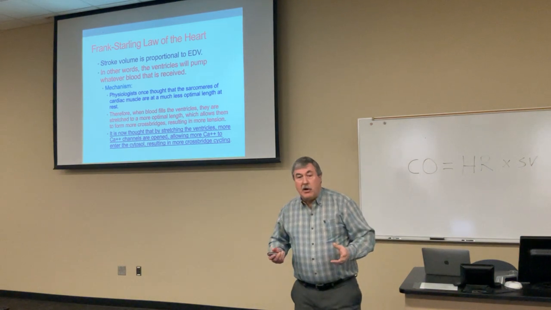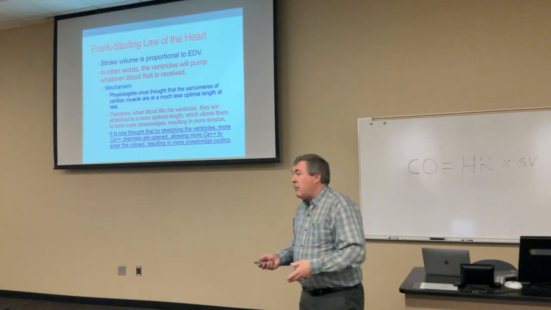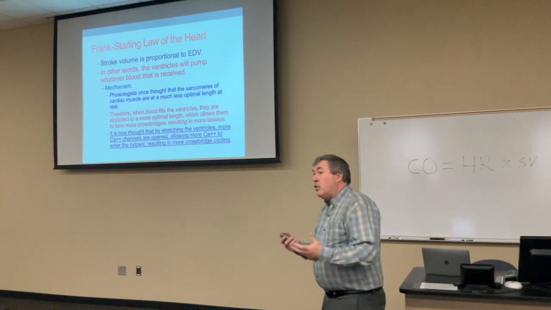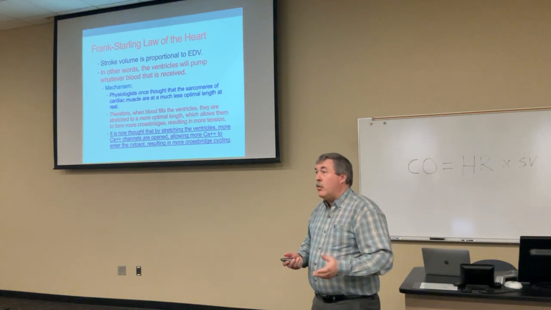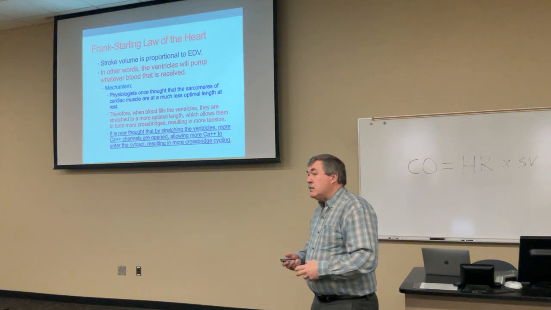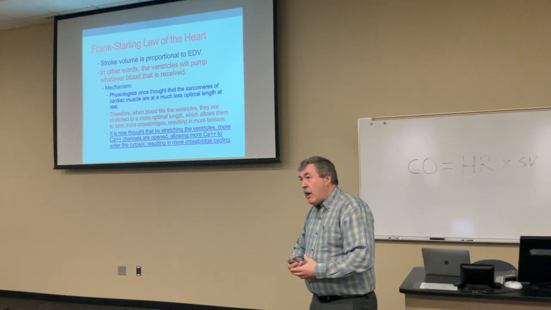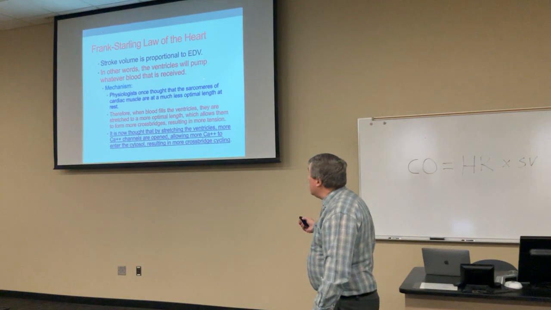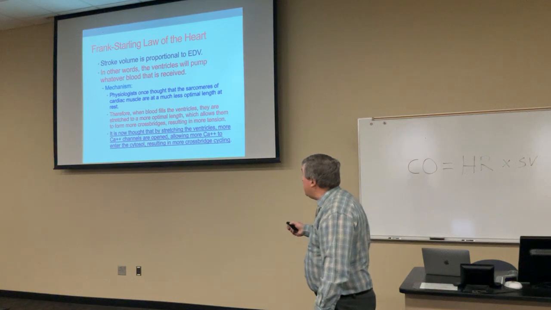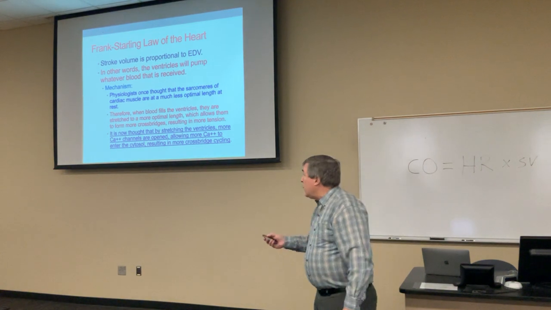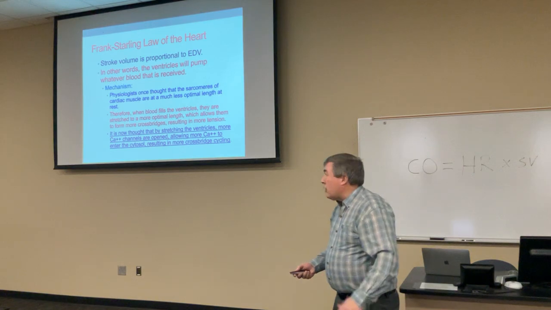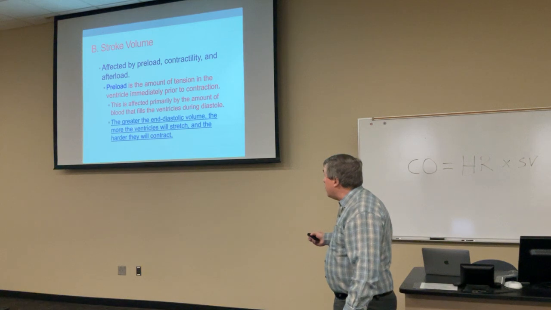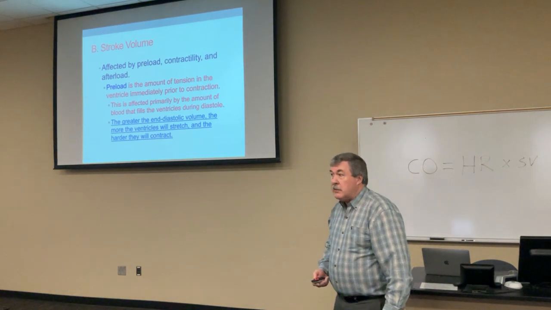And this relationship is called the Frank-Starling law of the heart, or simply Starling's law of the heart. One way of wording that is that the heart will pump whatever blood it receives, because the more blood it receives, the stronger it contracts and the more blood it pumps. This is how you explain Starling's law in simple terms. A more complex explanation is this one here: the greater the end diastolic volume, the more the ventricles stretch, and the harder they'll contract. Okay?